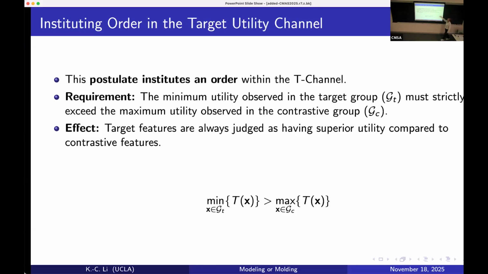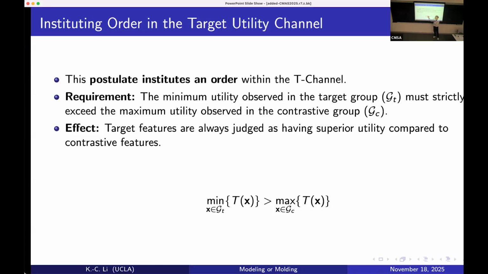So this is very simple. You think about it, this is what it should be doing. For the target one, if your image truly belongs to that class, the feature should be higher than those from the contrast group. That is, those objects that do not belong to this particular label class.